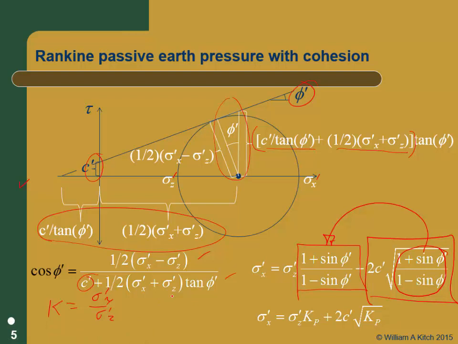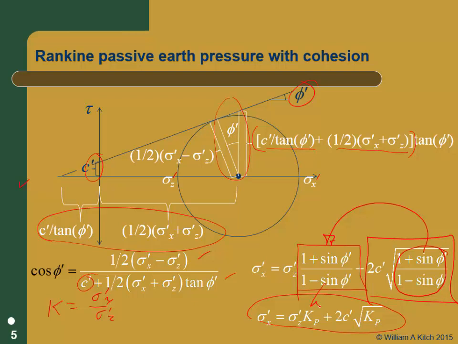I mean, that was what we said the definition of the coefficient of lateral earth pressure was. Is that the case here, if I use this definition for Kp? It's not really. This actually changes the definition of the lateral earth pressure coefficient, because it's not the ratio of the two now, right?